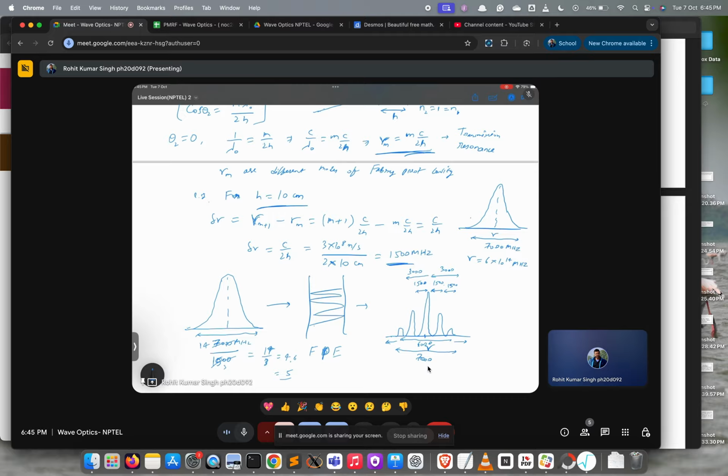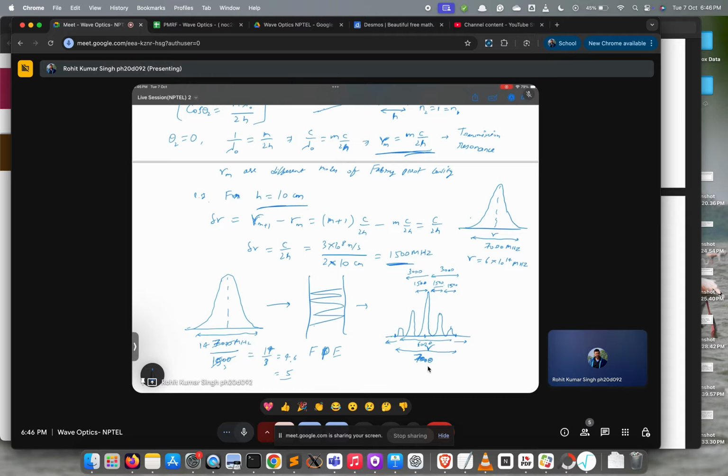But sir, it's not 5, it's 4.6, but it's closest to 5, no? And that's what I'm saying. From end to end you have 7000. From this peak to the second peak you have 1500, then again from the second to the third peak you have 1500, so 3000 on one side, 3000 on the other side.